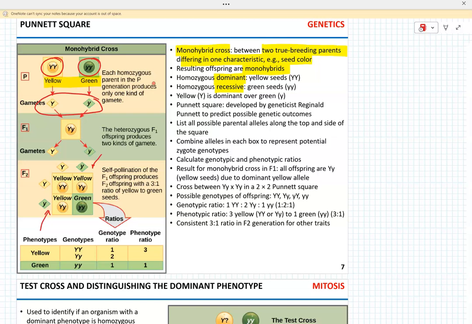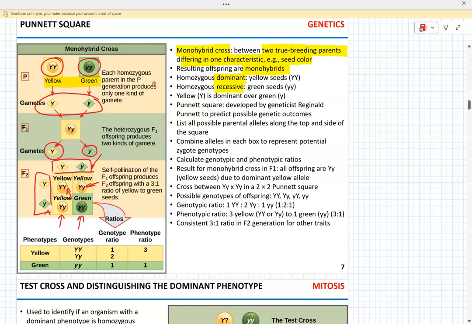Alleles that are produced by the F1 generation can be either uppercase Y or lowercase y, so you list them on top and on the side. Then you can combine alleles in each box to see what kind of genotype and therefore phenotype this offspring will have.